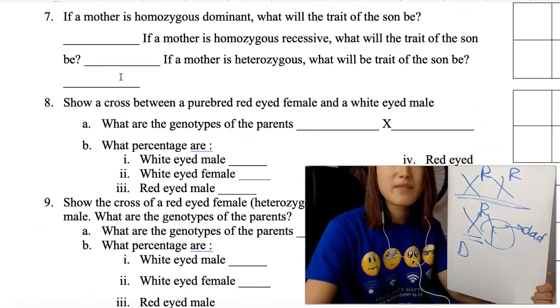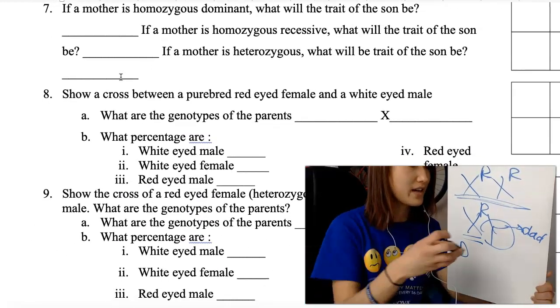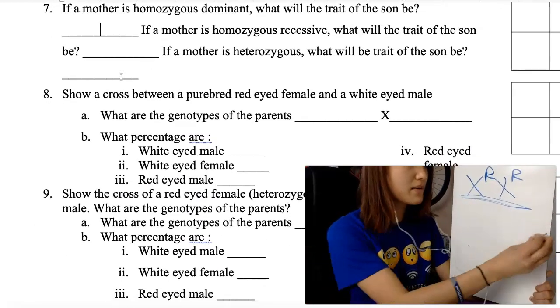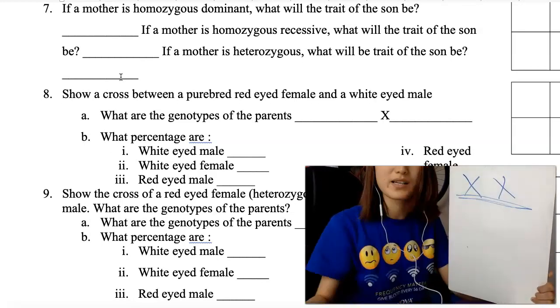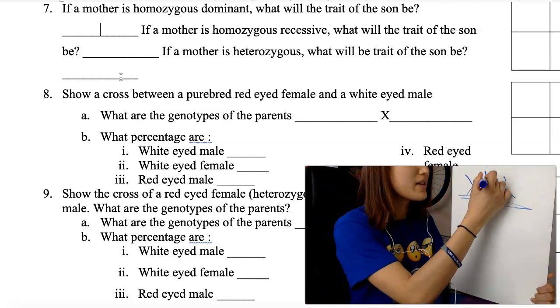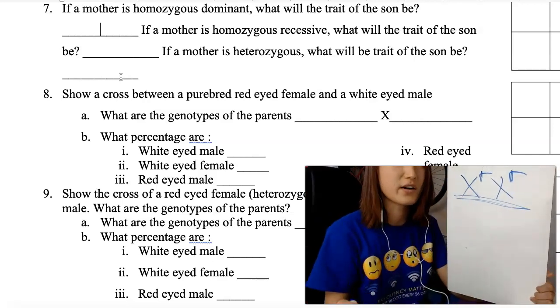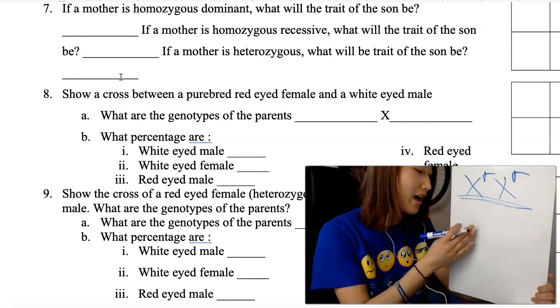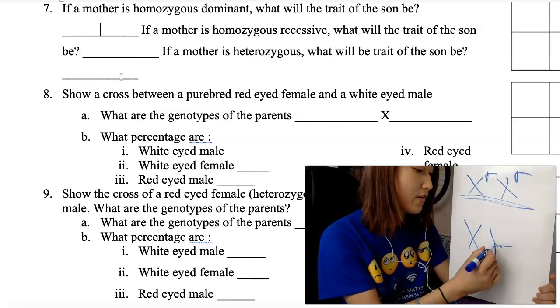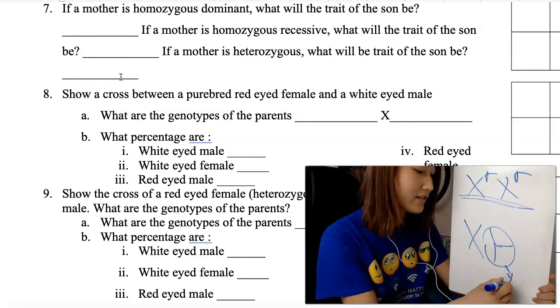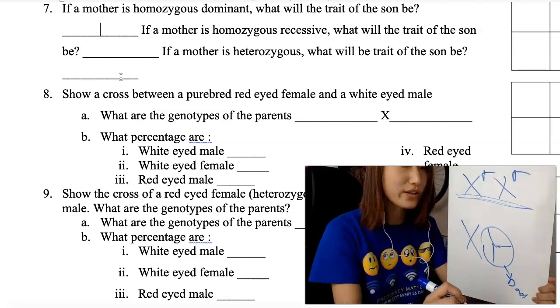And then it says if a mom is homozygous recessive, right? So it's the same idea. If mom is homozygous recessive instead of X big R, you should immediately write down on your paper that this means X little r, X little r, right? And now we're looking at a son again. A son is X and Y. Y comes from dad. So dad is useless in this case.